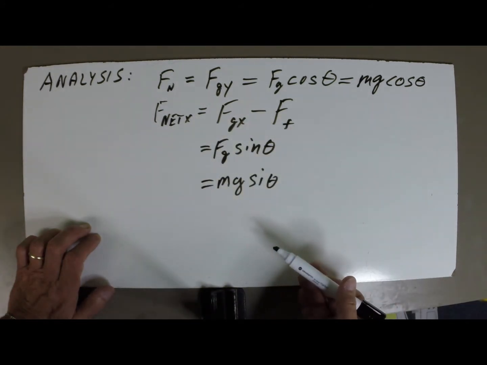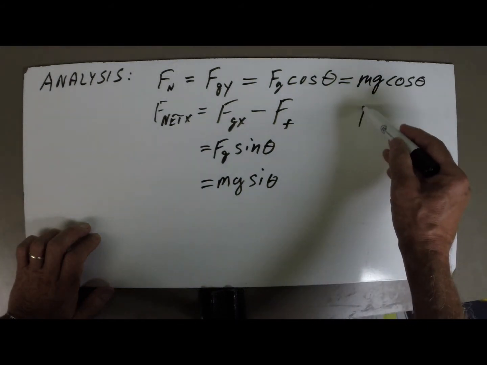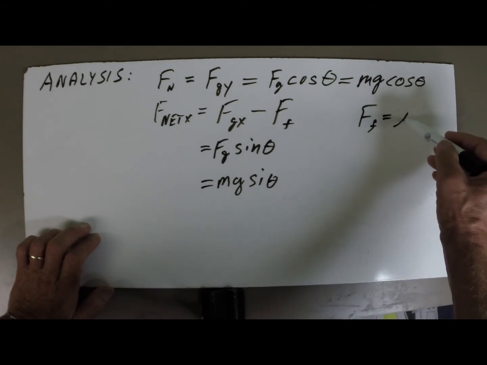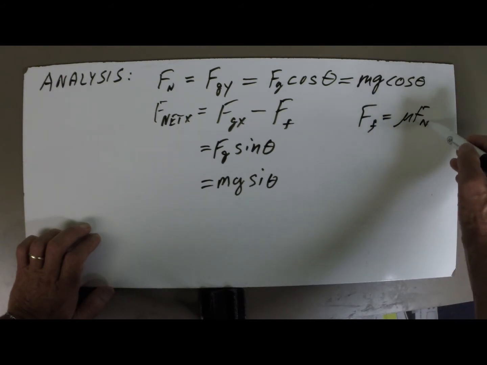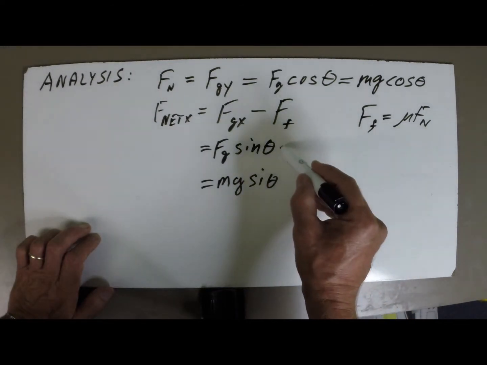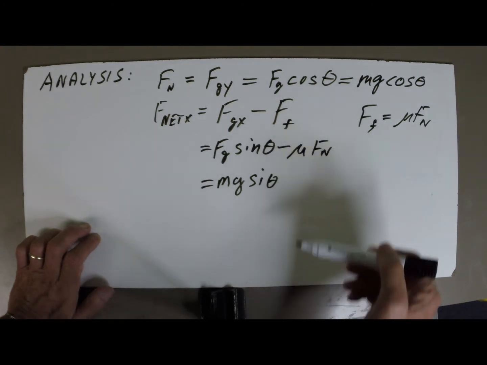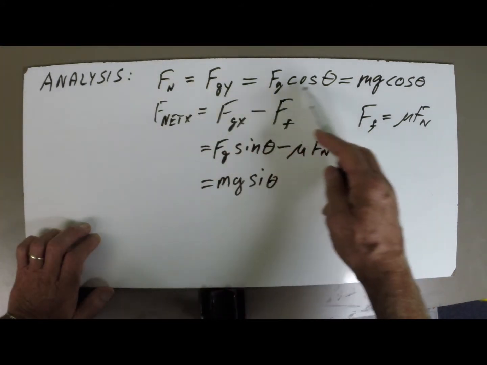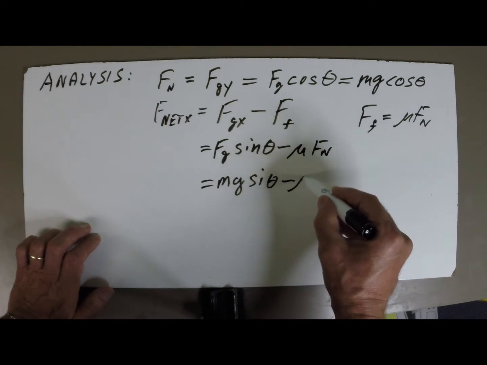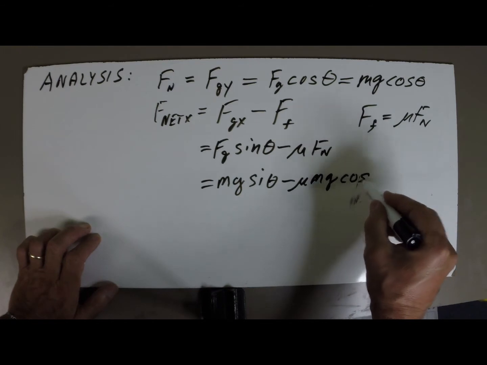But what about the force of friction? Well, we have another formula for friction. The force of friction is equal to mu times the normal force. So we're going to substitute that into this formula here, mu times the normal force, and we've just found out what the normal force is equal to, so that will be mu mg cos theta.